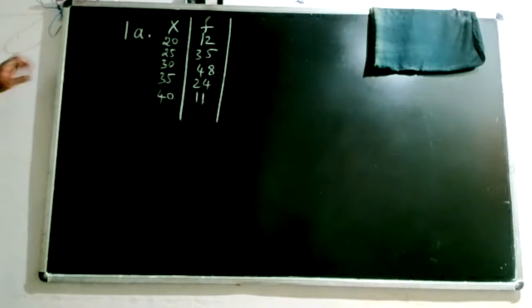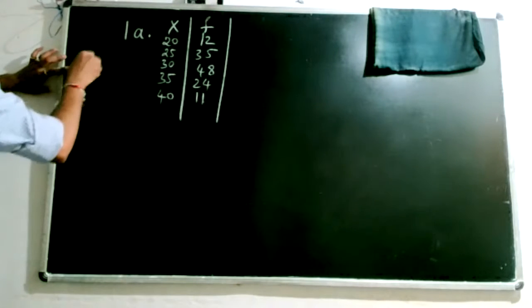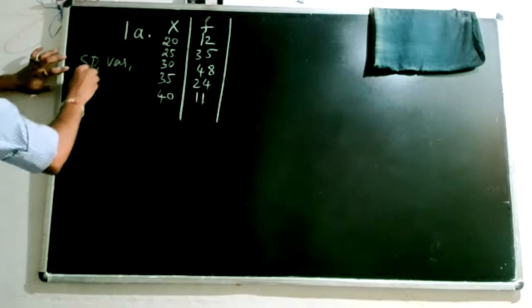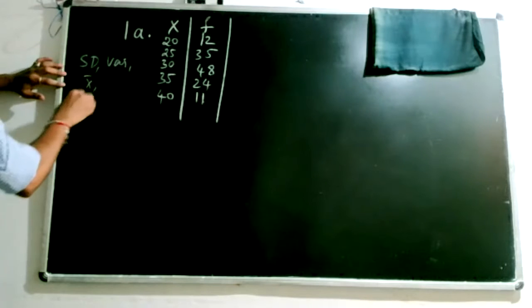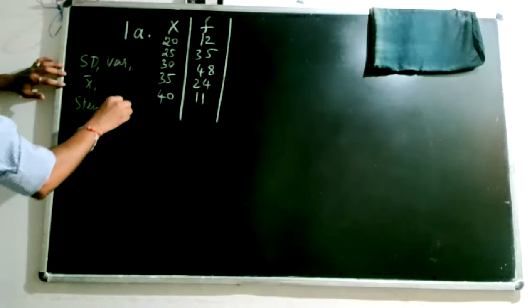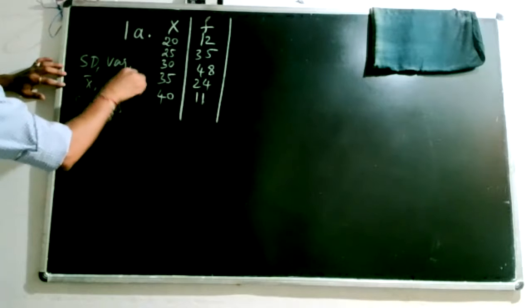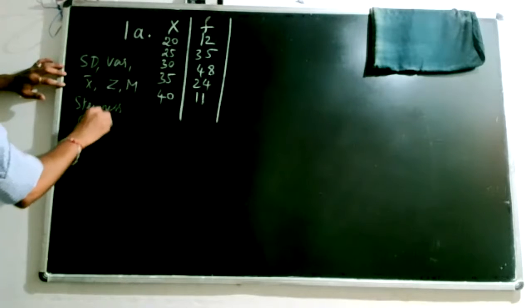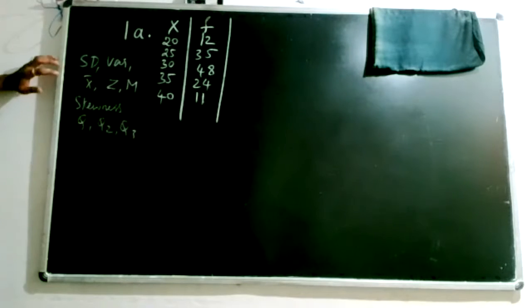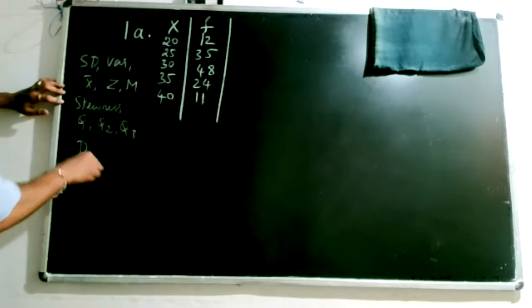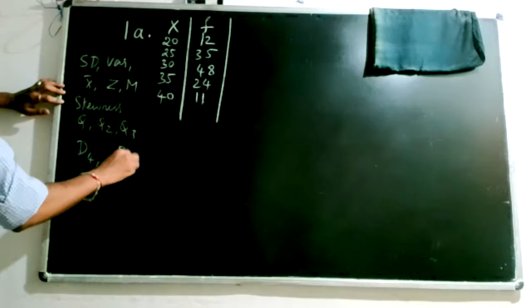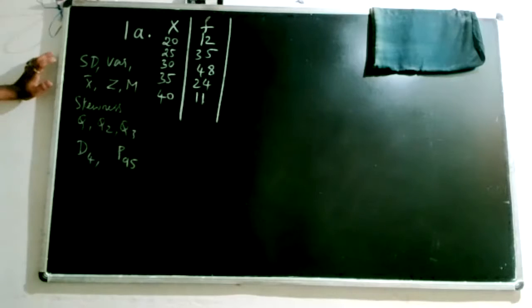So let me make a list of what all we'll find. We'll look into standard deviation, variance, for which mean is required. Then we'll see how to compute the coefficient of skewness. So mode and median are also required. And for Bowley skewness, we need Q1, Q2, Q3. And to learn how to obtain decile, I'll take a decile, D4 and the 95th percentile.